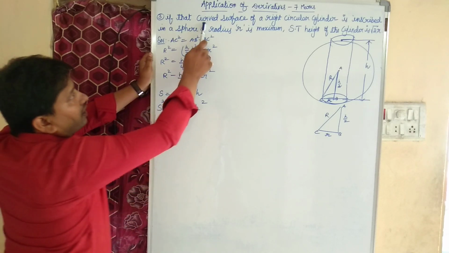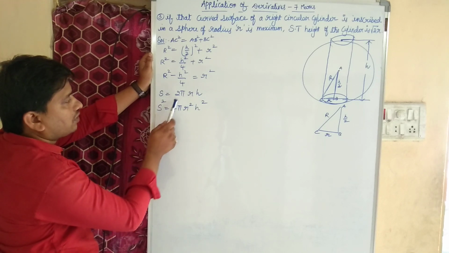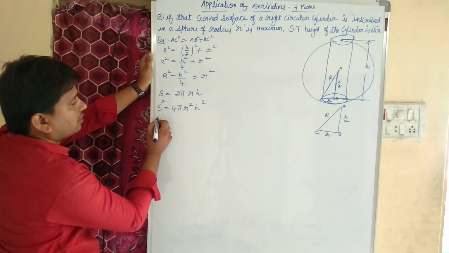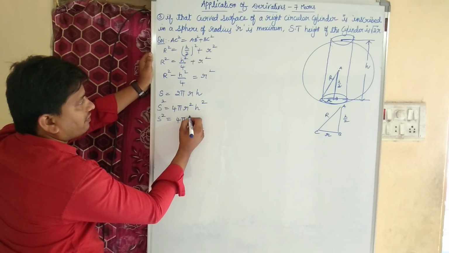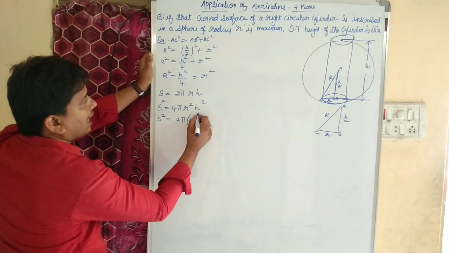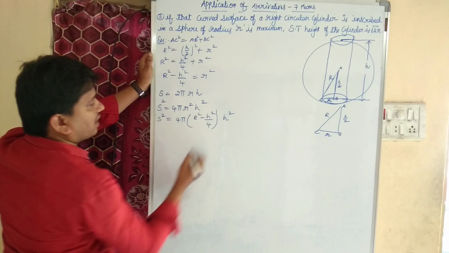Children, once again, the curved surface area of a right circular cylinder is 2 pi r h. Squaring on both sides, S square equal to 4 pi square r square h square. So S square equal to 4 pi square into r square, value how much, children? That is capital R square minus h square by 4, into h square.